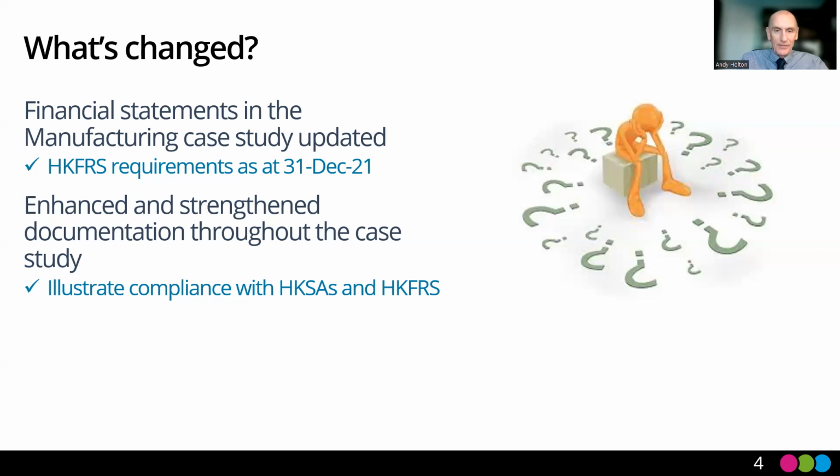And the documentation has been just generally enhanced and strengthened throughout to illustrate compliance with the auditing and accounting standards. So let's move on and look in a little bit more detail at what has changed in each section.